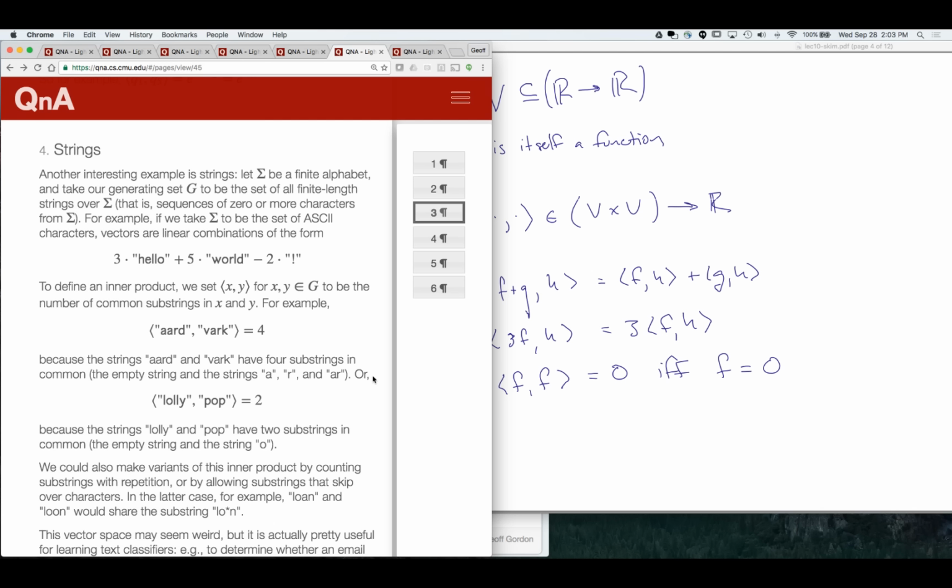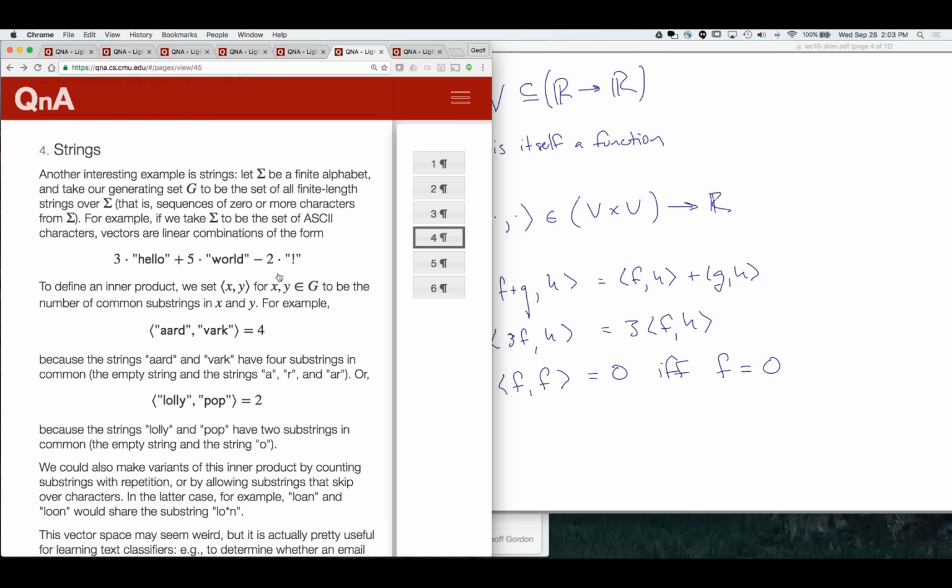There's no interpretation to this expression, 3 hello plus 5 world minus 2 exclamation point. The only interpretation of that expression is this expression. There's no underlying meaning to it. And that's in contrast to functions, where we think of a linear combination of functions as being taken component-wise. You can still evaluate that linear combination of functions.